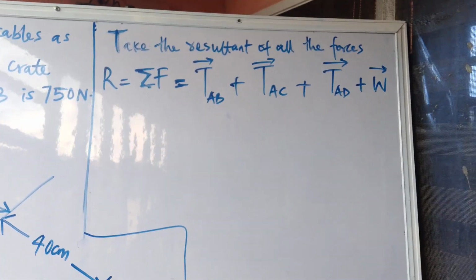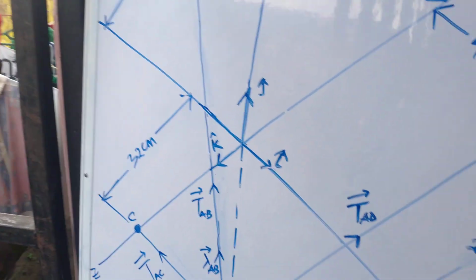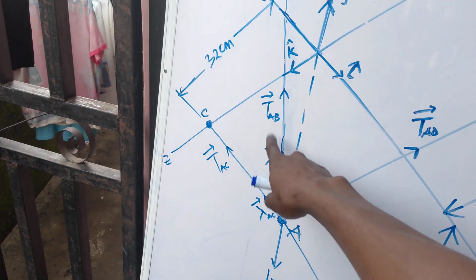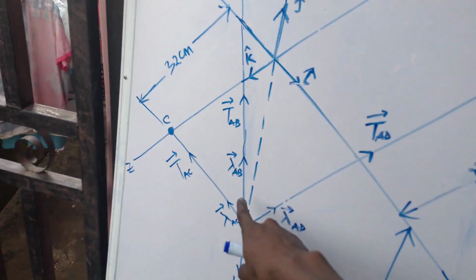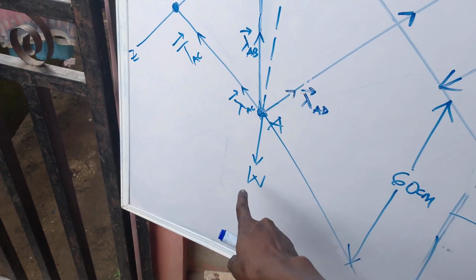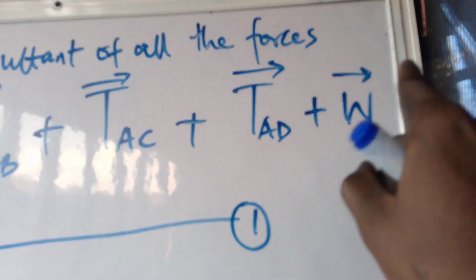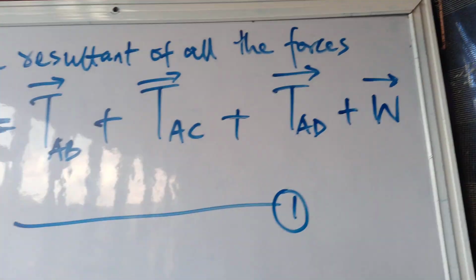Alright, so I call this equation 1. Summation of the forces: tension along AB, tension along AC, then tension along AD, and then my weight. I'll make it a vector. The arrowhead shows you that these are vectors.